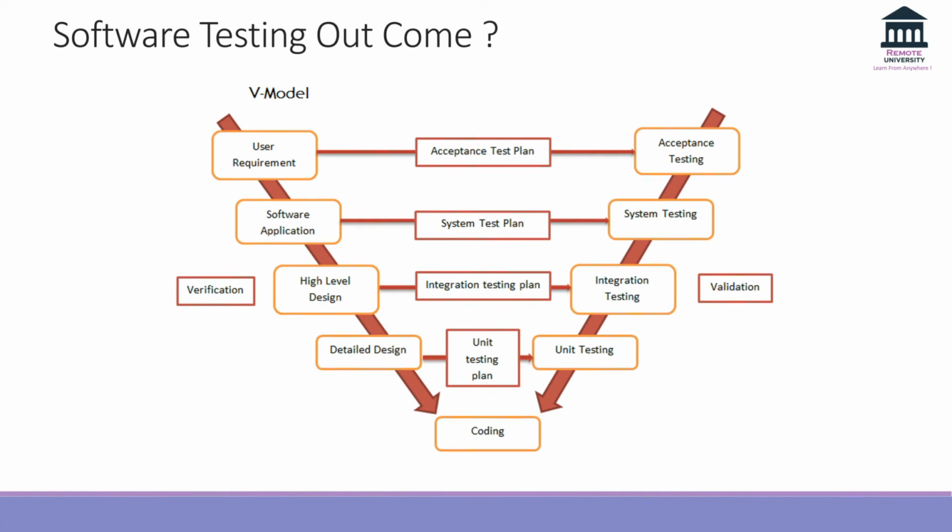So we define our system test plan to ensure our application is tested in the overall system of the company. The artifact here is the system test plan, and the type of testing that we perform is called system testing. Then in the project development lifecycle, the next phase is high level design.